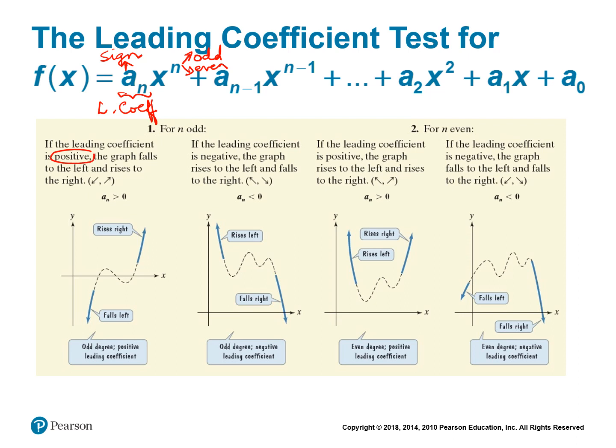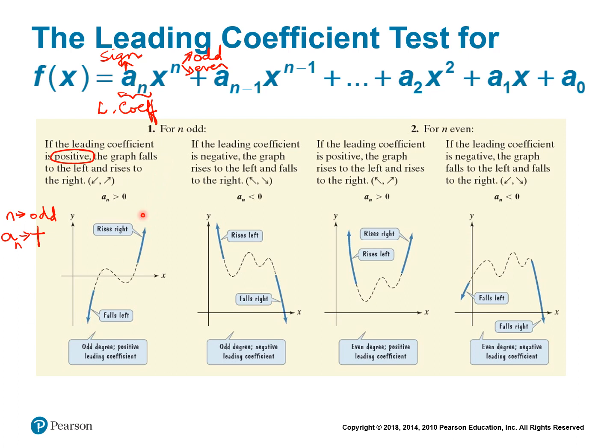So if n is odd and a sub n is positive, then the graph will have its extreme ends dropping indefinitely to the left and rising indefinitely all the way to infinity on the right.